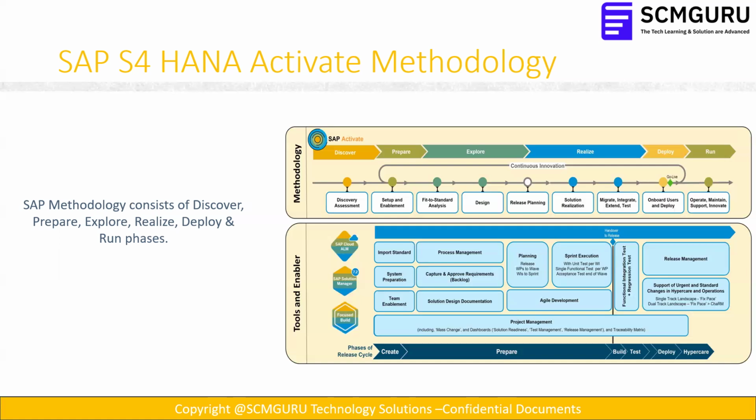Here you can see that in the Activate methodology they have discover, where they can do the discovery assessment and setup. In the discovery assessment, let's say the client wants to go for a three-tier cloud edition, either the three-tier cloud private edition or the three-tier cloud public edition.